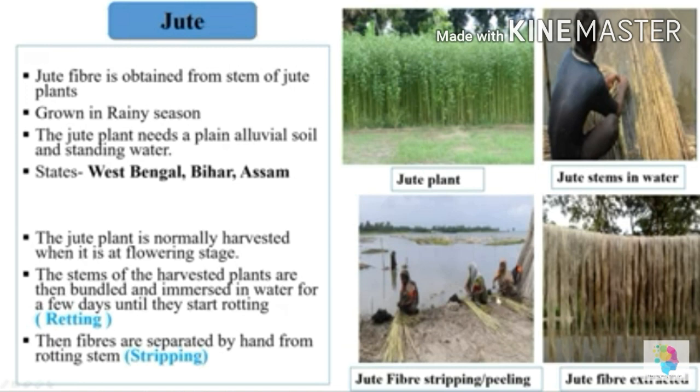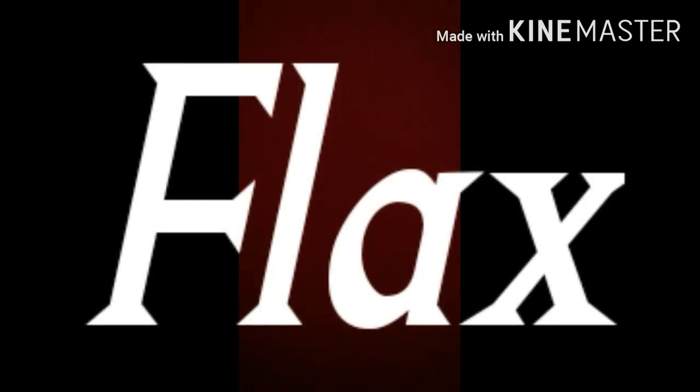And the next plant fiber is flax. Flax is a plant grown for its fiber and seeds. We use flax fiber and flax seeds. Have you ever heard about flax? Yes, we are using flax. The fibers from the stem are woven to make a fabric called linen.